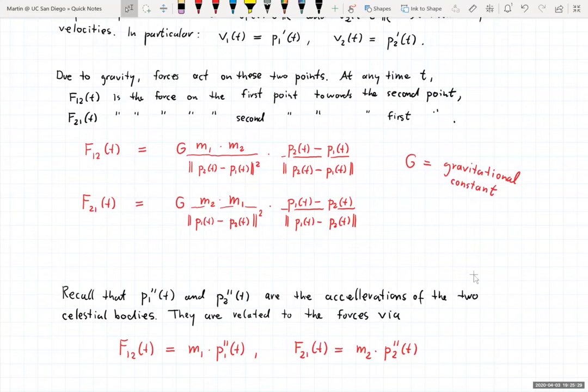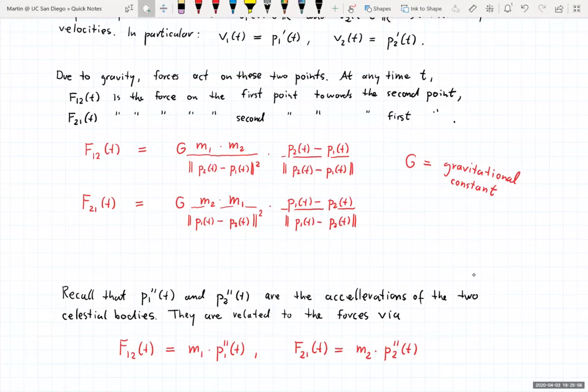And these accelerations are related to the forces by the following fact of Newtonian physics, namely force is the same as mass times acceleration, which leads us to f12 of t is equal m1 times p1 prime prime of t, and f21 of t is equal m2 times p2 prime prime of t.